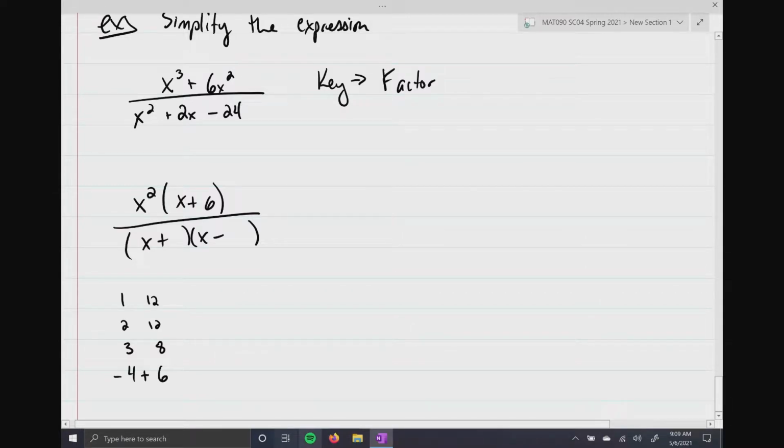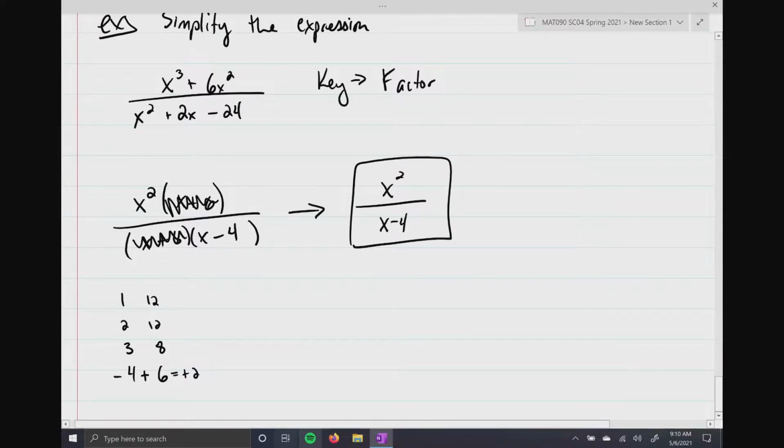So that's going to be negative 4 plus 6. So now that I factored everything, I just look for terms that are the same on the top and bottom. So the x plus 6's will reduce to yield x squared over x minus 4. Okay, any questions there?